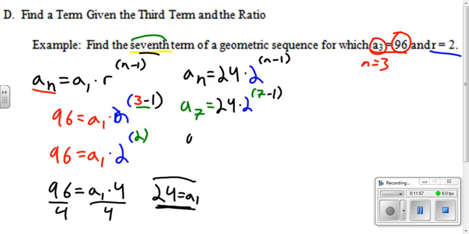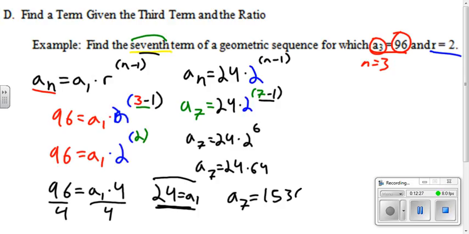Then a sub 7 equals 24 times 2 to the 6th power, because 7 minus 1 is 6. 2 to the 6th power is 64, so a sub 7 equals 24 times 64. Luckily we have calculators to help us with that kind of multiplication. We'd say a sub 7 equals 1536.